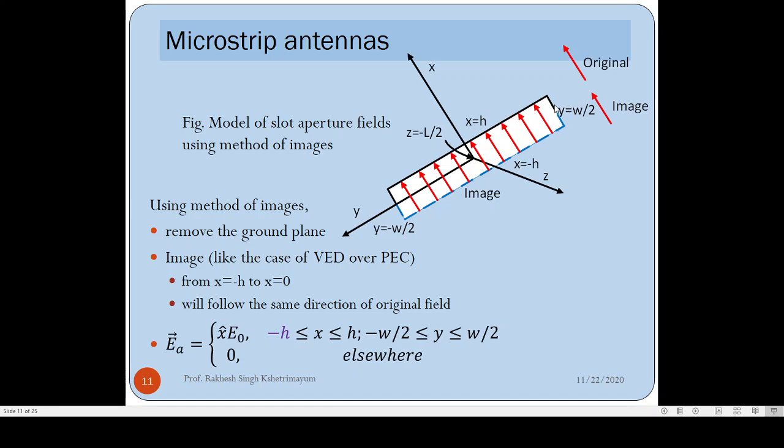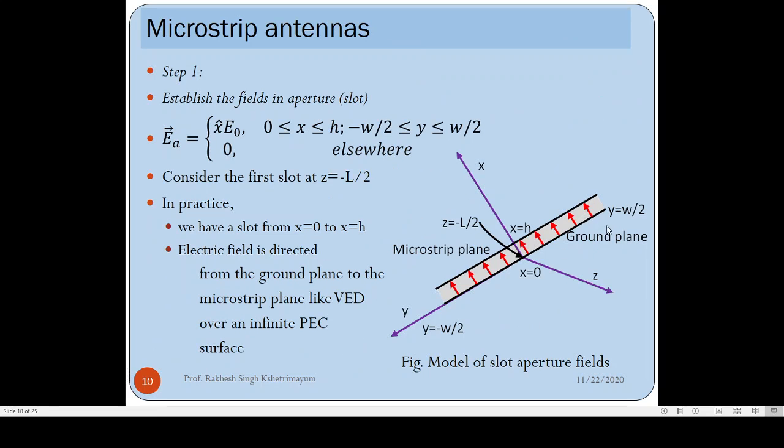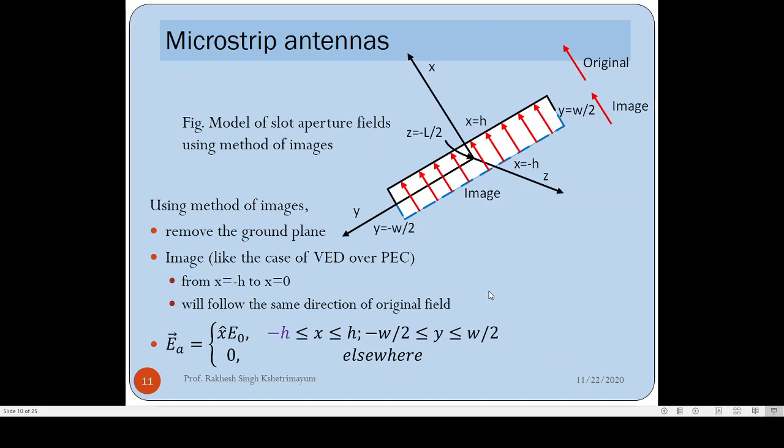So in this figure what we have done is we have extended this slot. In the previous case this slot had a height of just h, but here, because of this image also along the same direction and with the same amplitude, we can have a slot whose height is from x is equal to minus h to plus h.